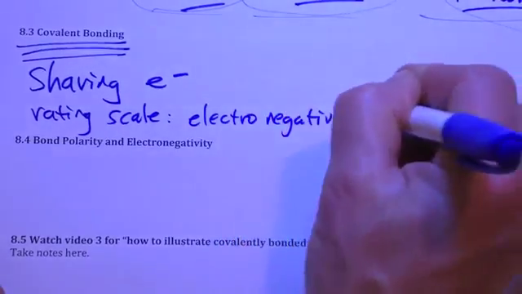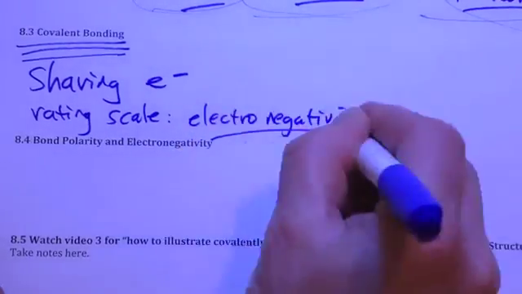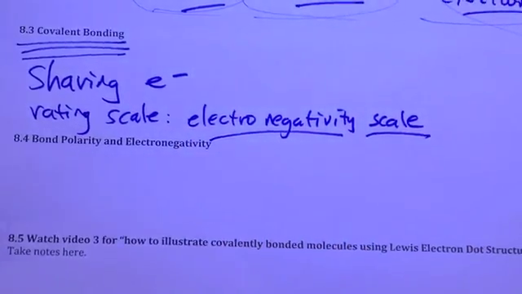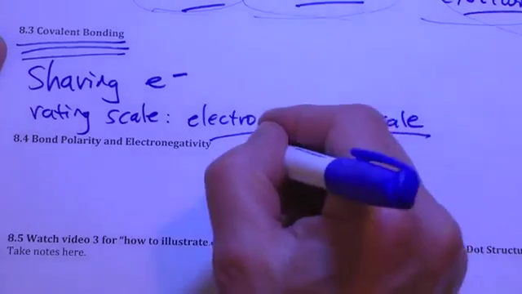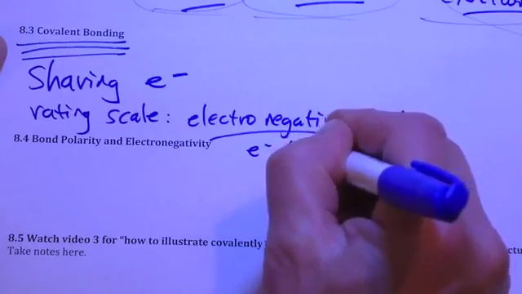Electronegativity scale. The electronegativity scale is a rating scale on the periodic table that tells us how much an atom wants an electron. It's actually kind of related to the periodic trend that we learned in Chapter 7 that was called Electron Affinity.